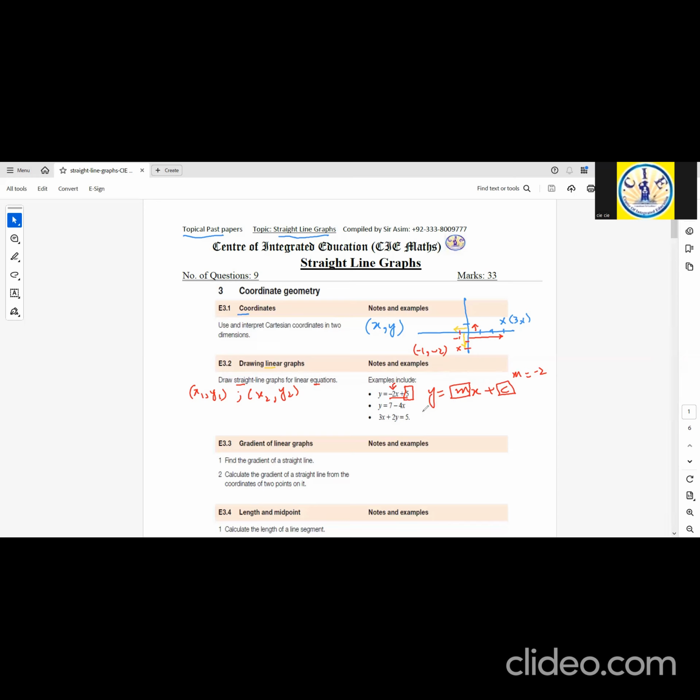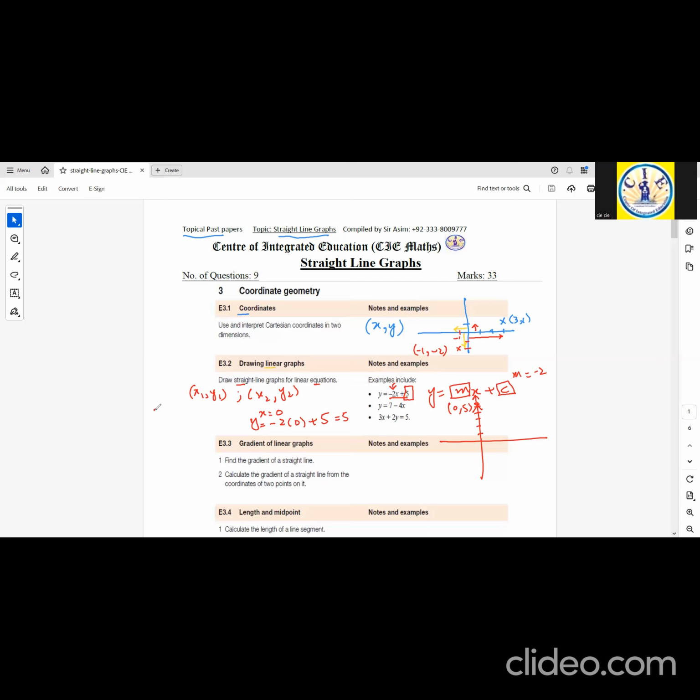So if I need to draw it, I can have one value of x could be 0 replaced into this equation. I can have y equals to -2 times 0 plus 5, that is 5. So 1, 2, 3, 4, 5. This could be the point 0, 5. And then I need to have any other point.